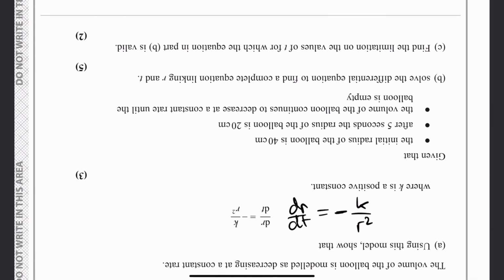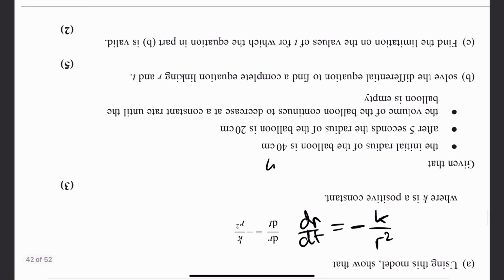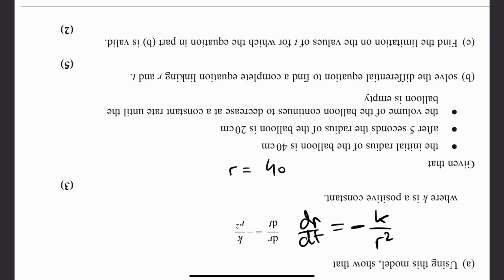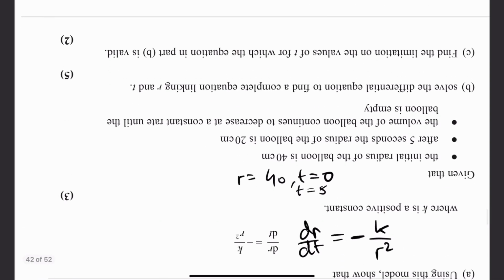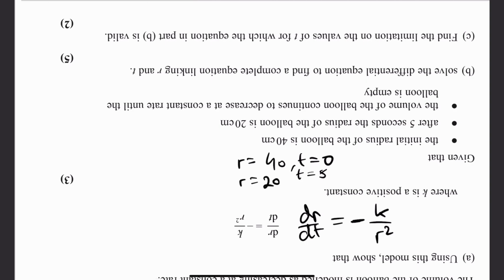Given that the initial radius of the balloon is 40, r equals 40 when t equals 0. Is t measured in seconds? Yeah, t seconds. So after 5 seconds, the radius of the balloon is 20.